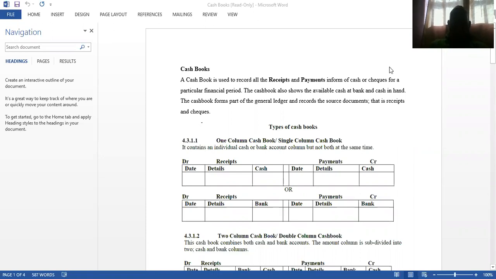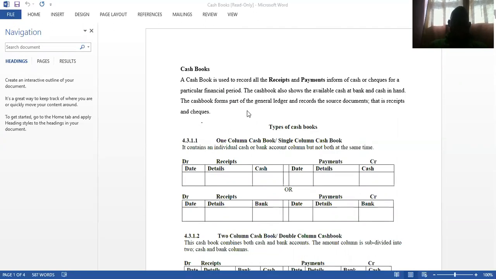Therefore, the cash book is meant to record receipts or payments in form of cash or checks for a particular financial period. Then you are going to see that in the cash book, we are going to have either money being affected, which is the cash in hand, or the cash at bank.